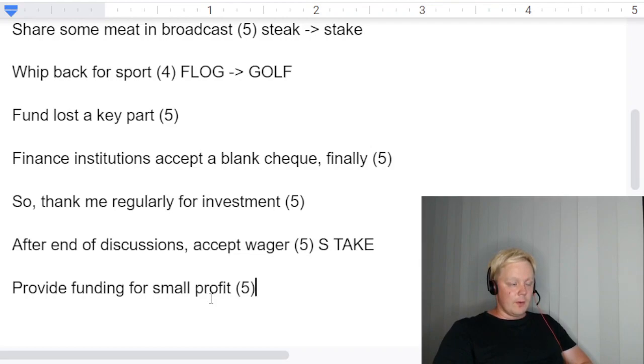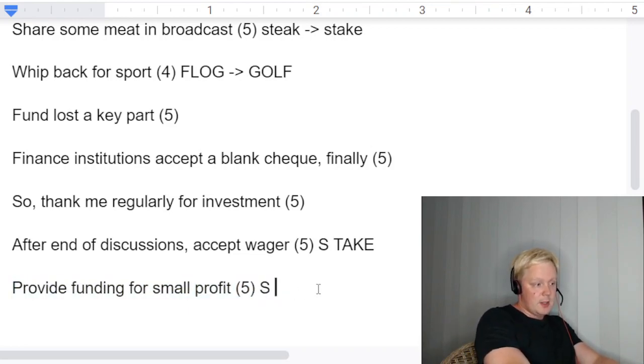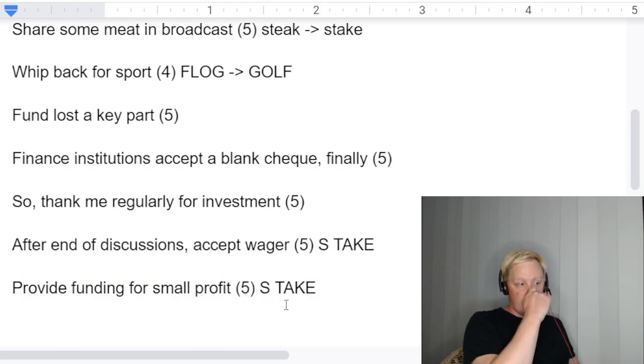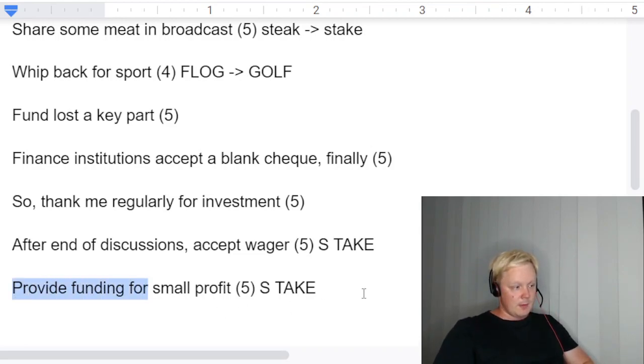Now, I think you can come up with a one-letter abbreviation for small. If you think of clothing sizes, small is S. So that is the S here, and your profit is your take, what you're taking. So take can mean profit. So provide funding for is the definition, and answer again is take as a verb.